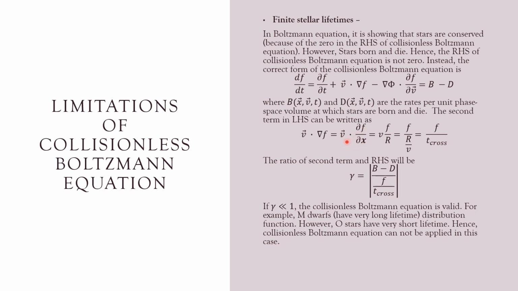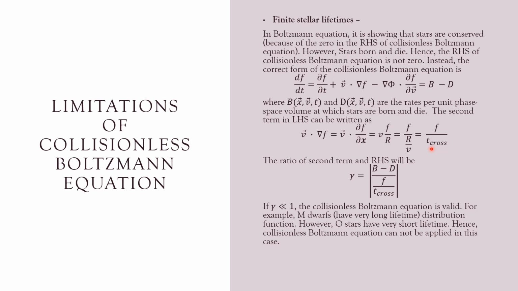If we express the velocity and the position vector here as a characteristic speed and characteristic radius in the galaxy, then we can write v multiplied by f by r. So if we do a little bit of rearranging, we get f by r by v. Here r by v is known as t cross, or crossing time.